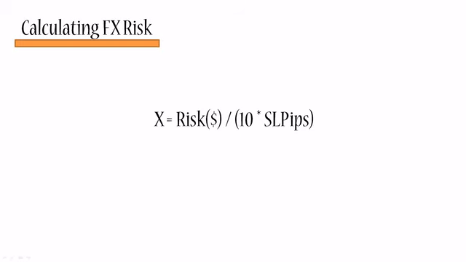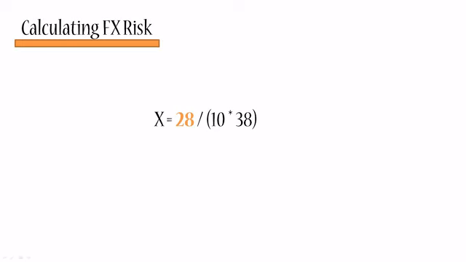So the risk, as we discussed, will be about 5% of our balance, which is 5% of $556, and that equals $28. Let's put that into the equation. The last thing we've got to input is the stop loss in pips, and that's about 38 pips. So let's input that now.